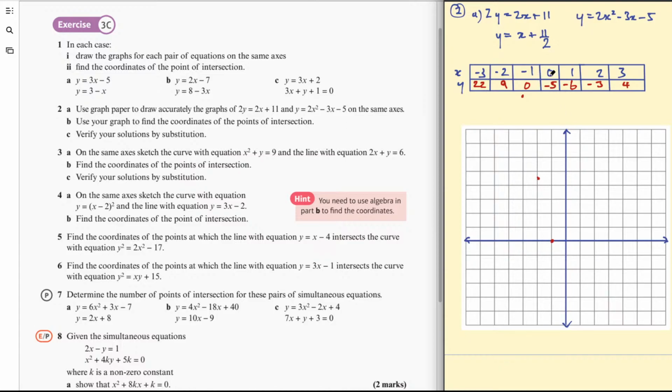So a couple of mistakes here. 0, negative 5 would be here. 1, negative 6 would be here. 2, negative 3 would be here. And 3, 4 would be here. So they kind of look okay.